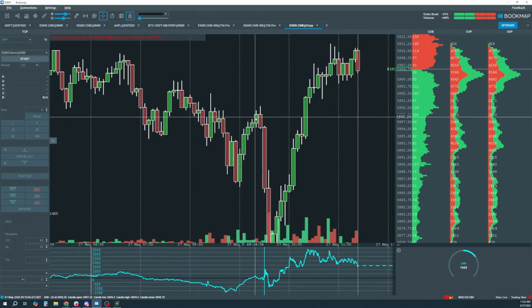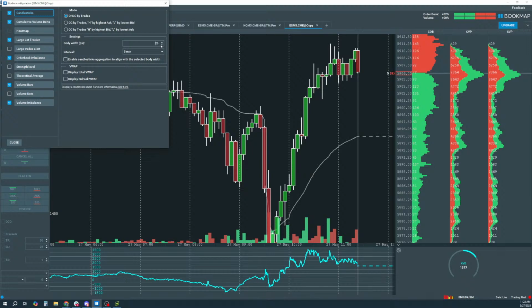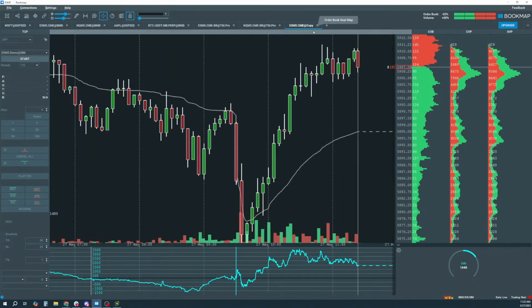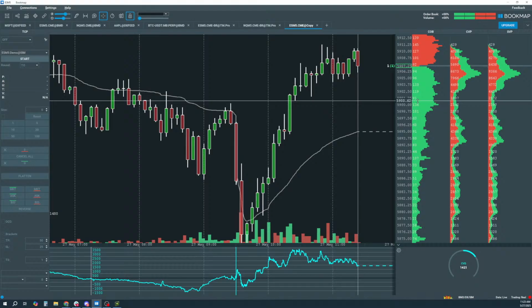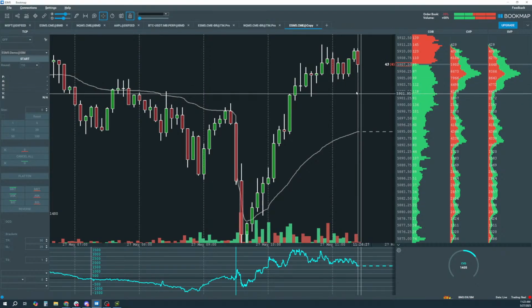And we can zoom out. We can change the width of the body in here. That's maybe a little wide. Okay. All right, so you can use this view.